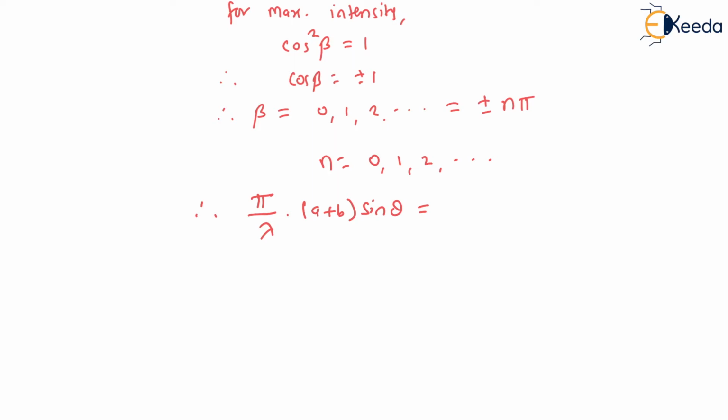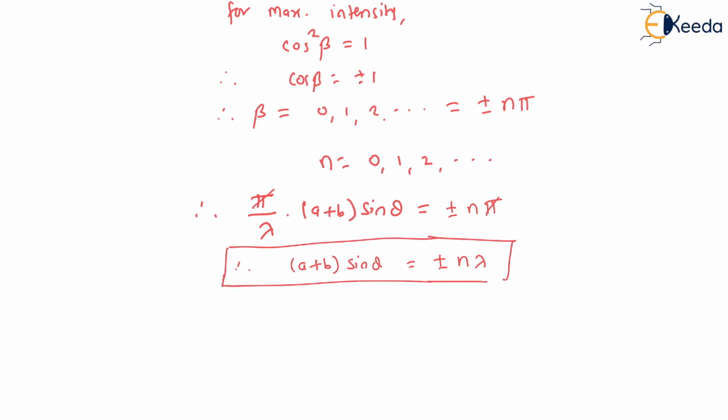So pi by lambda into a plus b into sine theta equals plus minus n pi, and pi will cancel on both sides. So the path difference for double slit, a plus b sine theta, will be equal to plus minus n lambda. This is the condition for maximum intensity point for the interference component.